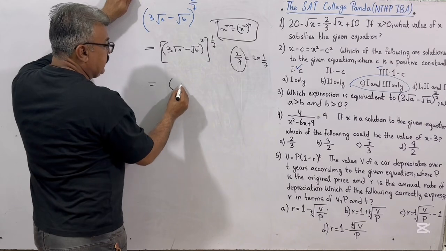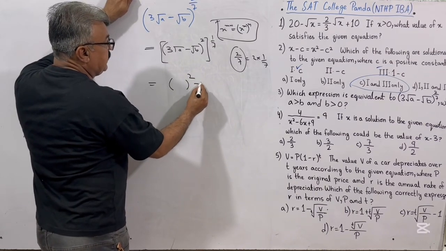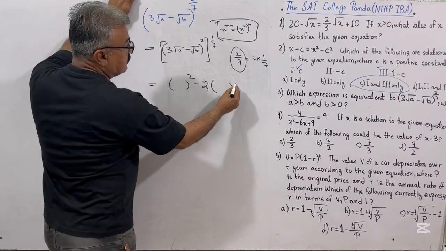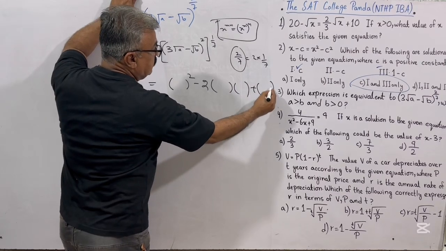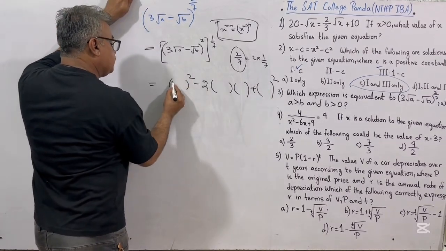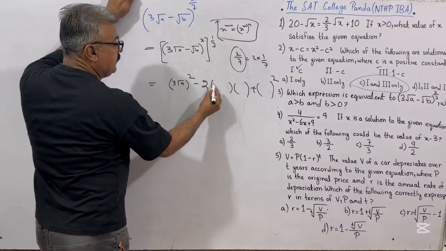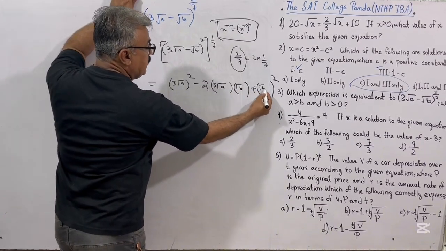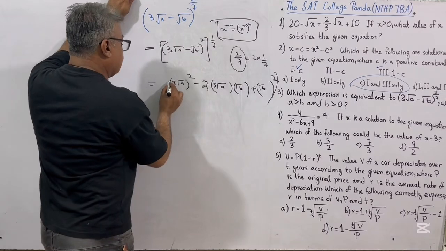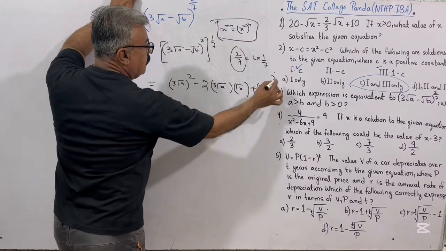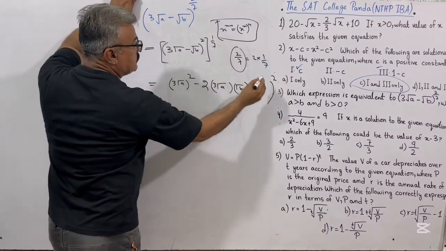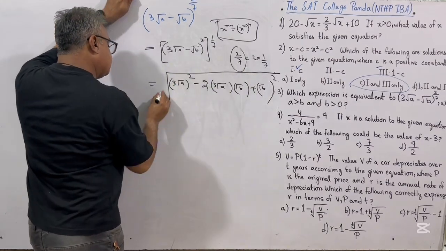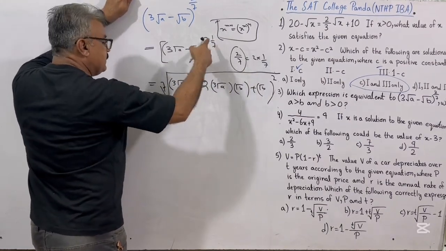A square, first term square, minus twice first into second, plus square of second. That is (3 times root a) square, minus 2 times 3 times root a times root b, plus (root b) square, overall raised 1 over 7. 1 over 7 means 7th root.